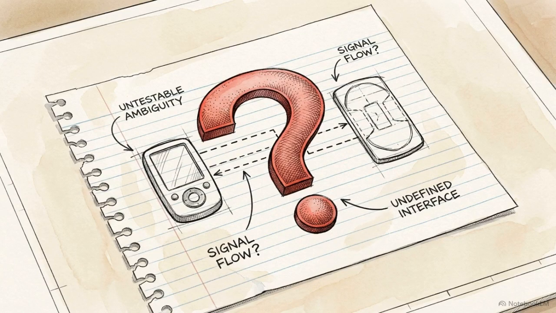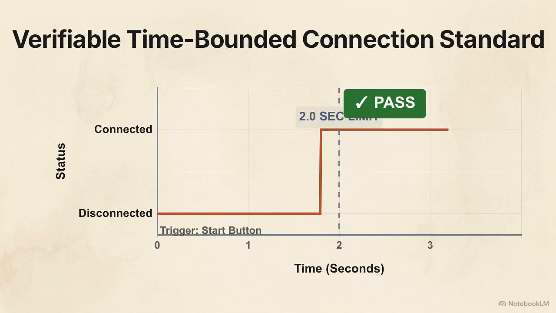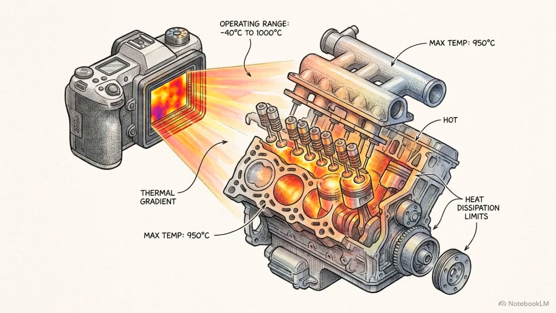A draft note saying the system should connect quickly cannot be tested. Extracted properly, it becomes a verifiable requirement: when the Start button is pressed, the system shall establish a wireless connection within 2 seconds. Behaviors that aren't tied to a specific scenario, like electromagnetic compliance or thermal operating limits, are captured as non-functional requirements.